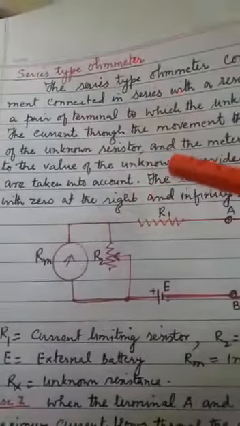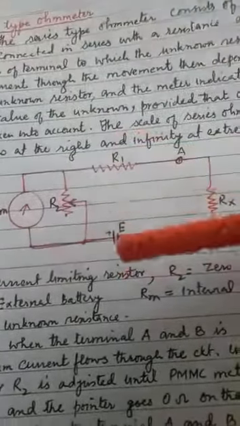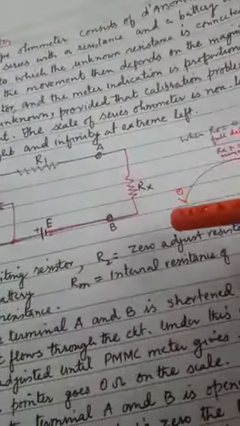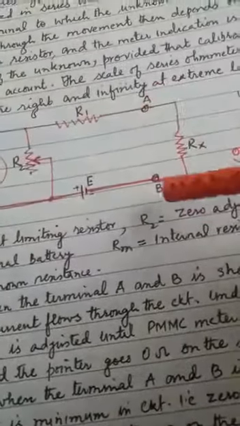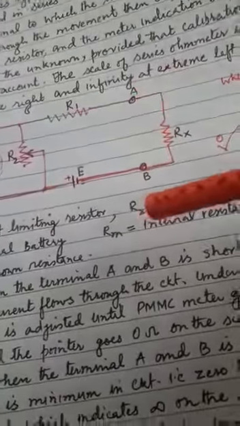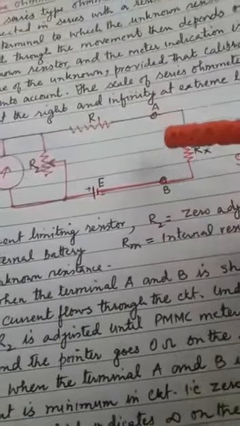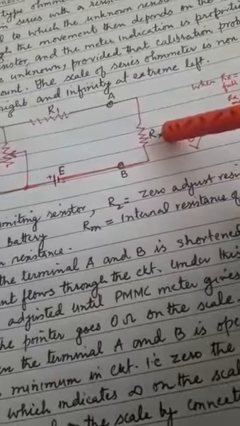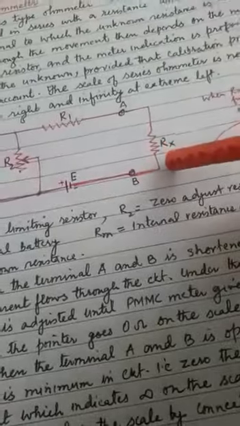So, dear students, what happens in this series type ohmmeter? In the first case, we are short circuiting these two points A and B. When we short circuit A and B, Rx, the unknown resistance, becomes equal to 0.